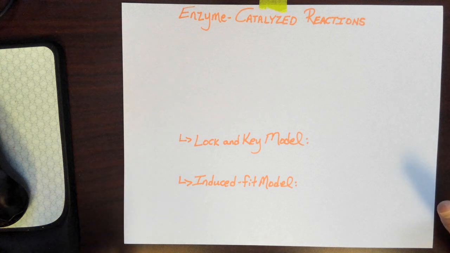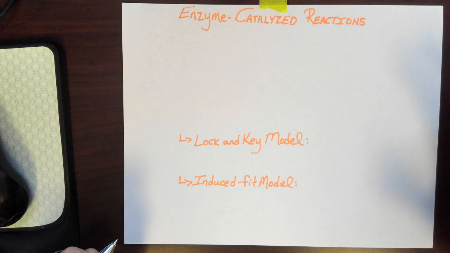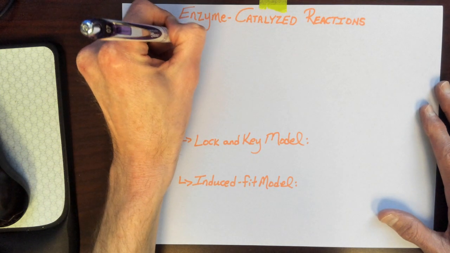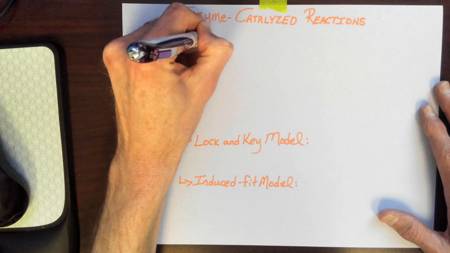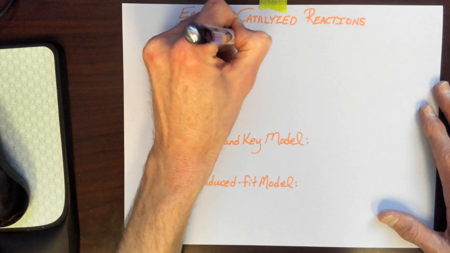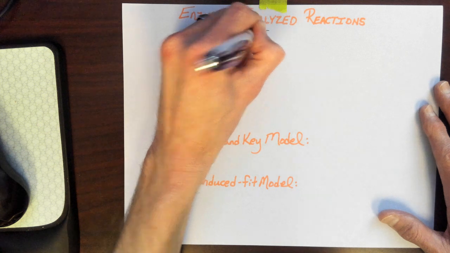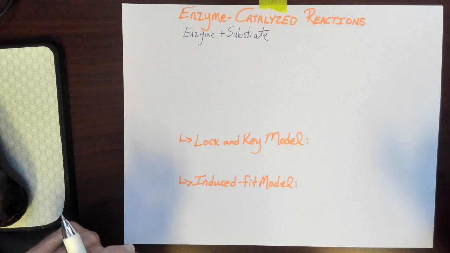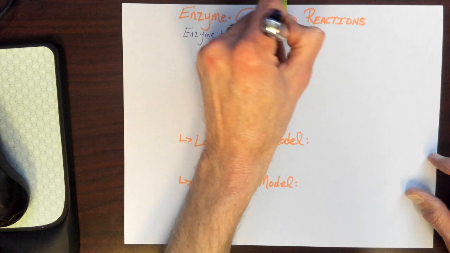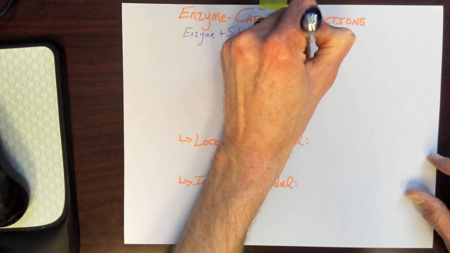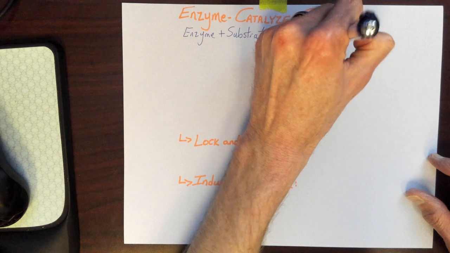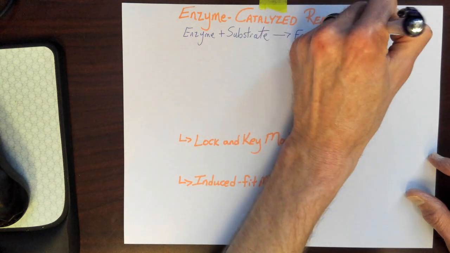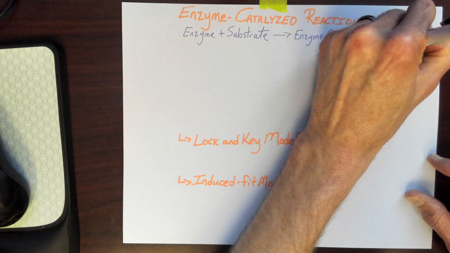Okay, so enzyme catalyzed reactions. This is where we take an enzyme plus a substrate, they come together within the active site, and they form what's called an enzyme substrate complex, or an ES complex.